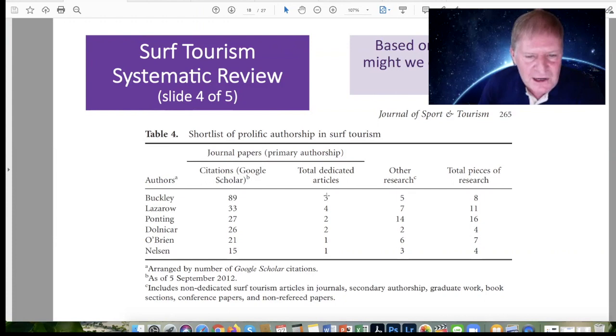He had 3 dedicated articles, 5 other pieces of research that included surf tourism but weren't dedicated to it, and 8 total. But he's top dog in terms of citation, meaning a contribution to the field, which basically means everyone cites him. When you write about surf tourism, you cite Buckley. Then we can see Ponting has the most with 16 total pieces. Lazaro from Australia has 11, and so on.